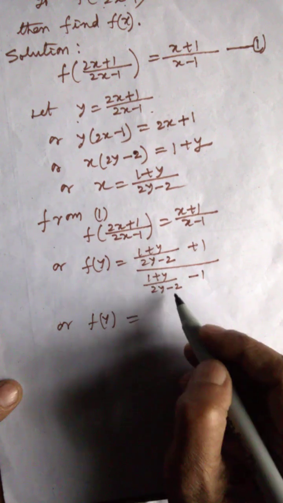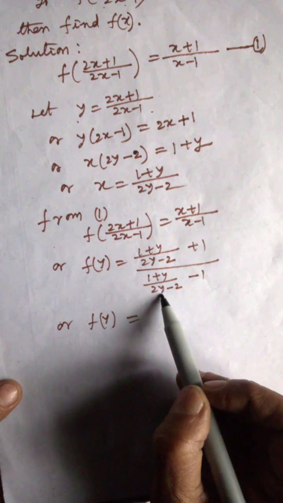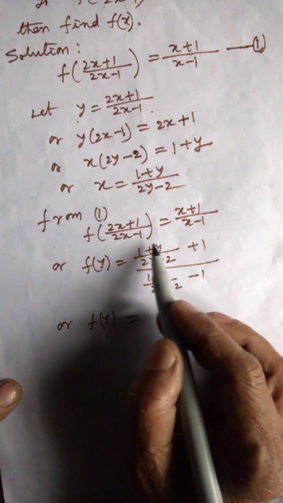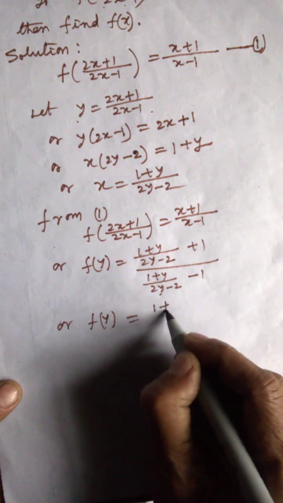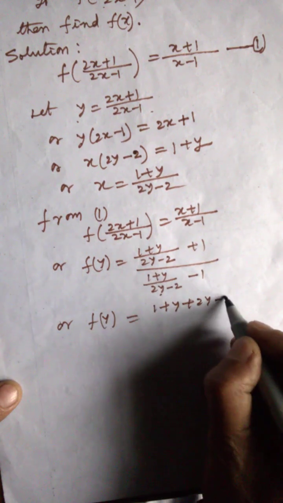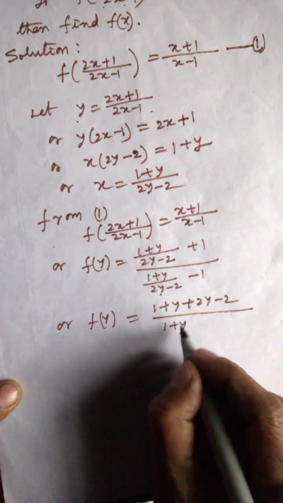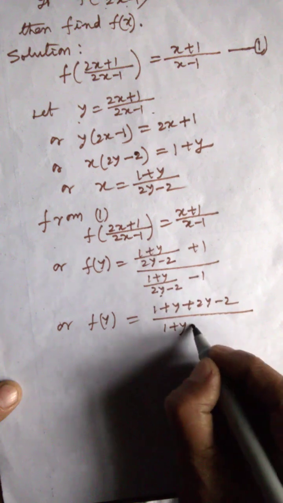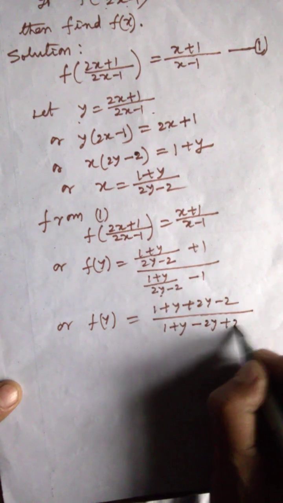When it is simplified, the denominator 2y-2 in the numerator and denominator will get cancelled, and only this and this will remain. That means numerator 1 + y + 2y - 2, denominator 1 + y - 2y + 2.